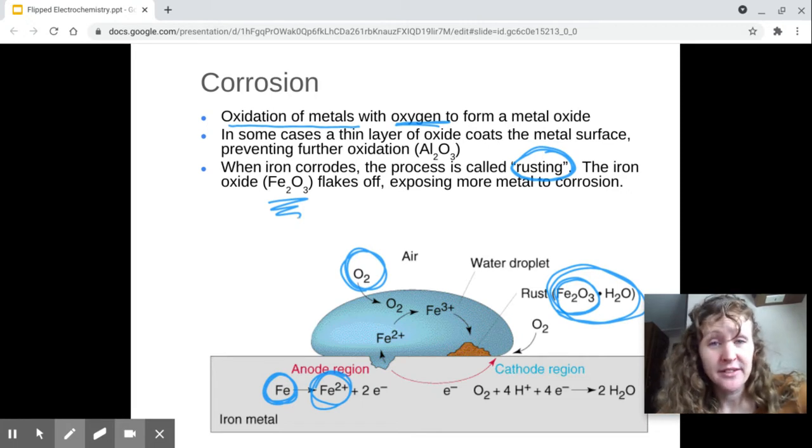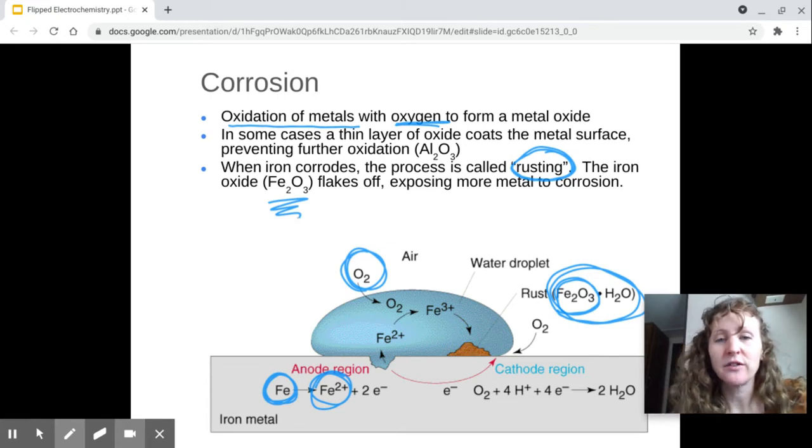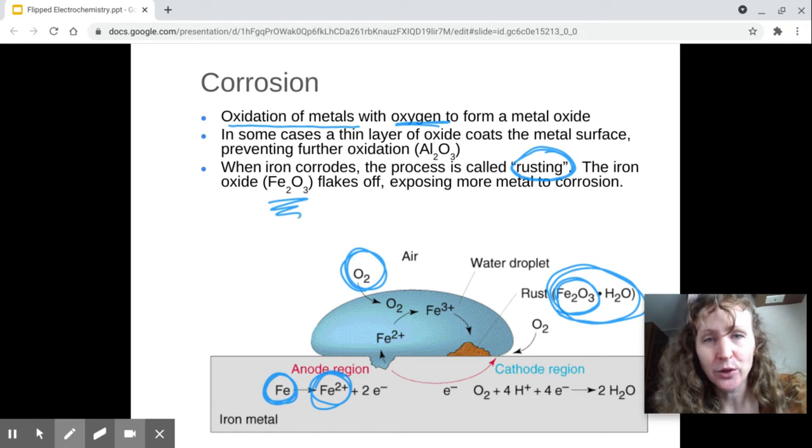Some metals are so reactive. They're so easily oxidized by oxygen that as soon as they touch the air, they will form a protective layer. And this actually happens with aluminum.